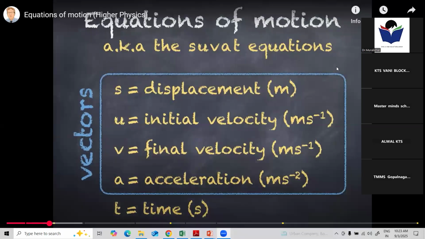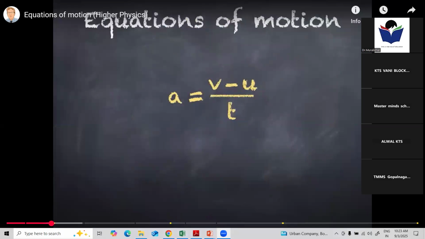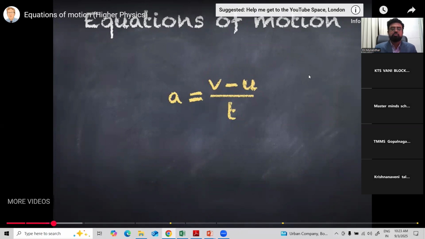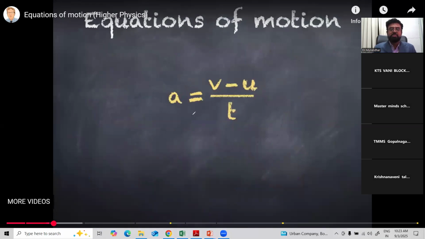Here's the first. We'll start with an equation we already know, the definition of acceleration. A is equal to V minus U by T. From that you get equation number 1. So what is given here? A is equal to V minus U by T. So T take this side.